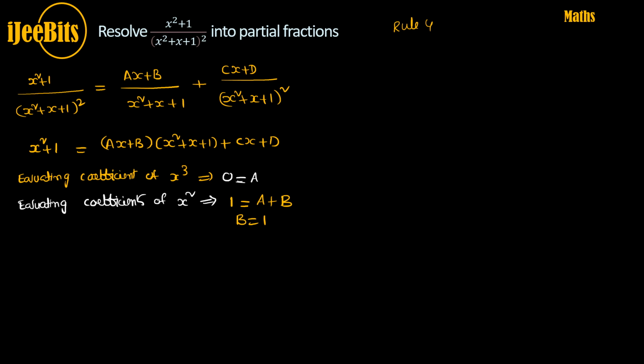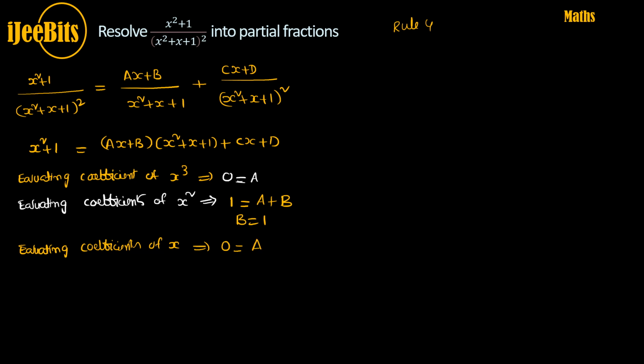Clear? Next thing, equating coefficients of x. Let's try out. On the left hand side we don't have an x term, so this would be 0. On the right hand side, ax into 1 is nothing but a.